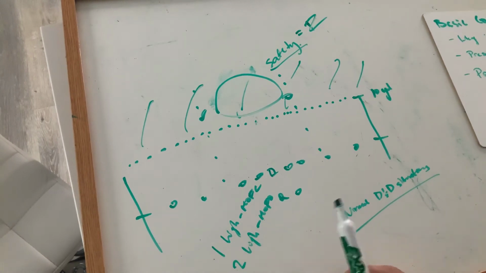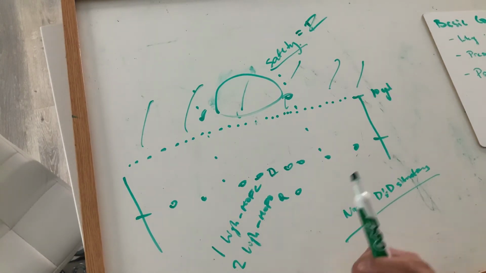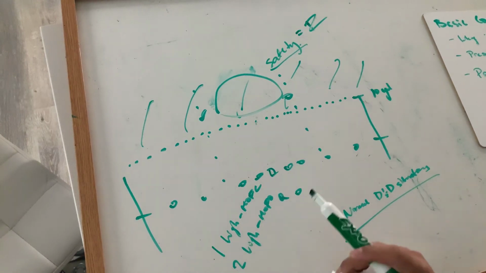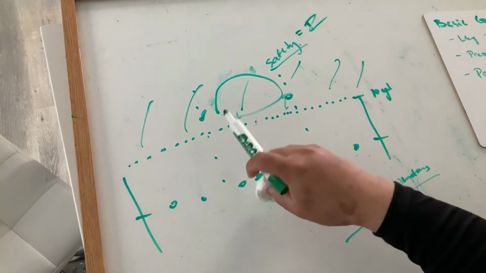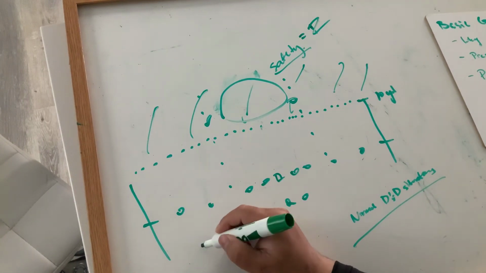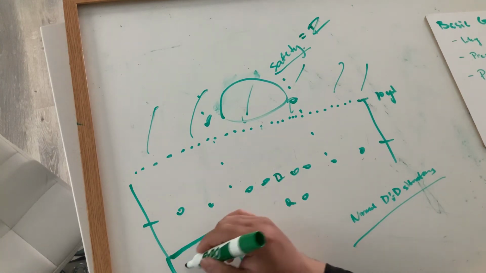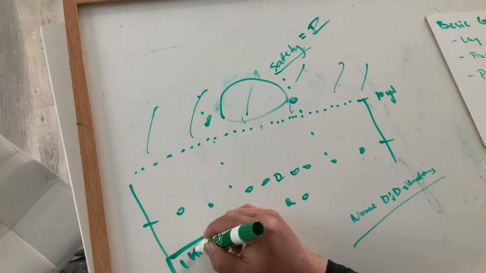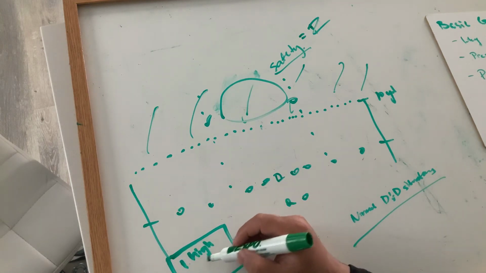One high, two high. I want you to learn both those terms because you never know which term you're going to hear. To me, this is a little bit simpler. Once you understand these terms, it becomes a lot easier to decipher what kind of coverage it is.